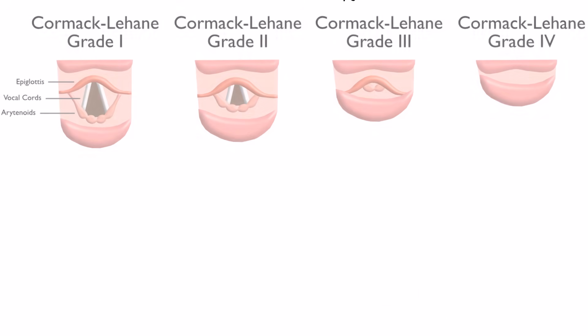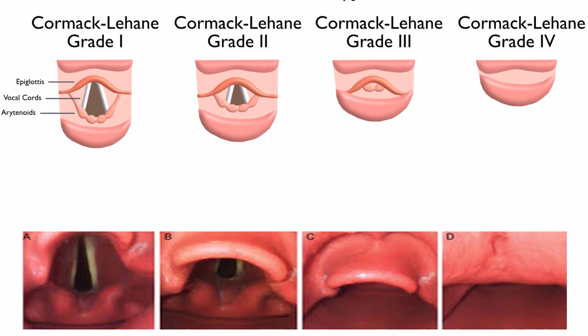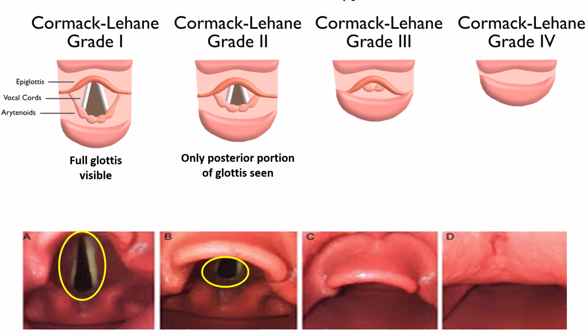Once the airway assessment is done, we proceed with laryngoscopy, where we encounter different views of glottic structures. These views are described by the Cormack-Lehane laryngoscopic view. Grade 1 means the full glottis is visible, indicating easy intubation. Grade 2 shows only a partial view of the glottis, which may require some manipulation like pressure on the anterior neck by an assistant.